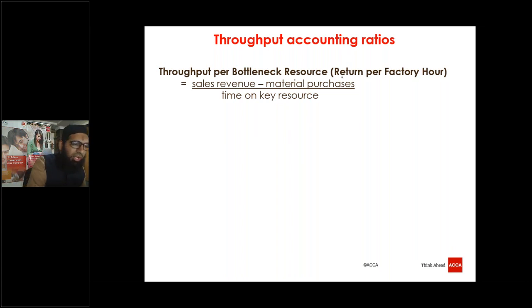This is also known as return per factory hour. This can be calculated as throughput divided by time on key resource. So this will be the formula to calculate the throughput per bottleneck resource or return per factory hour.